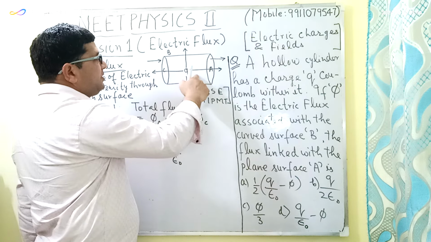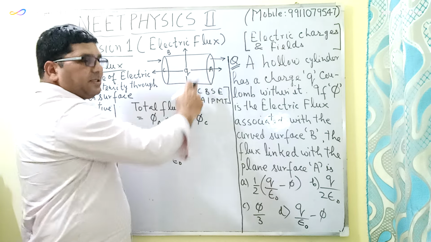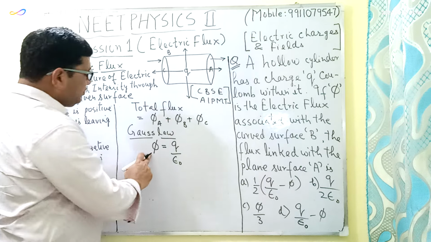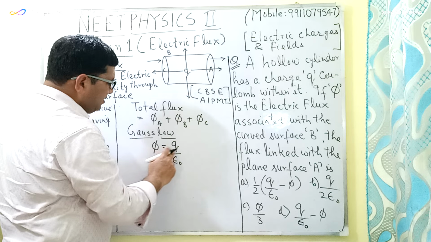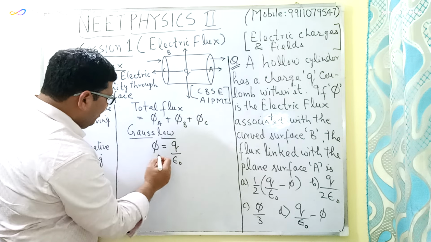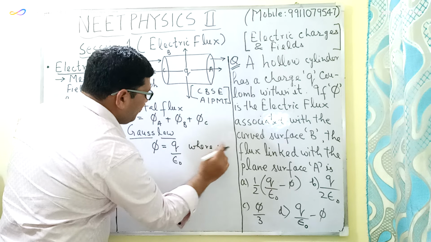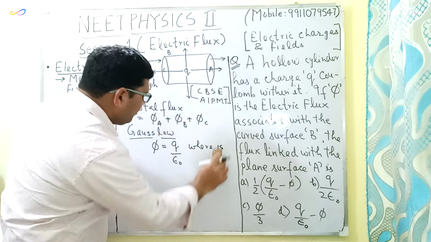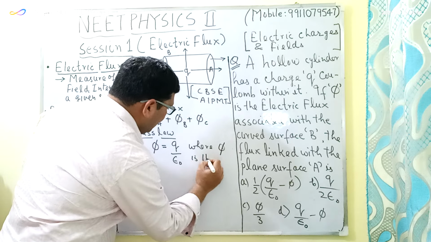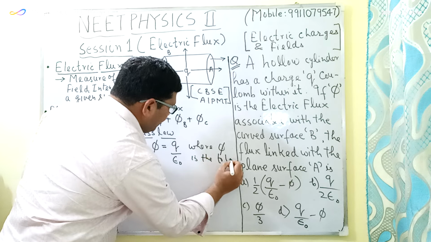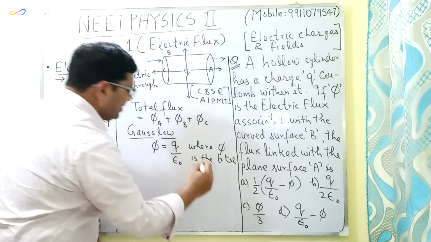So here the surface is a hollow cylinder. The charge enclosed by this hollow cylinder is Q. So if the total flux associated with this hollow cylinder is phi, then phi is equal to Q upon epsilon naught, where phi is the total electric flux associated with the hollow cylinder.